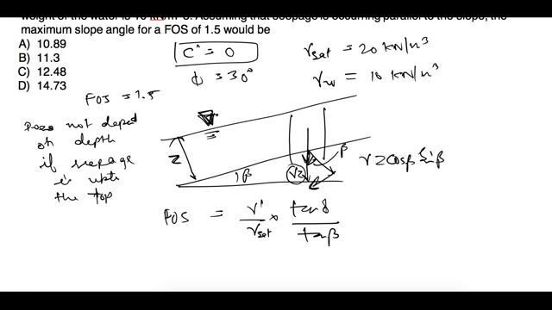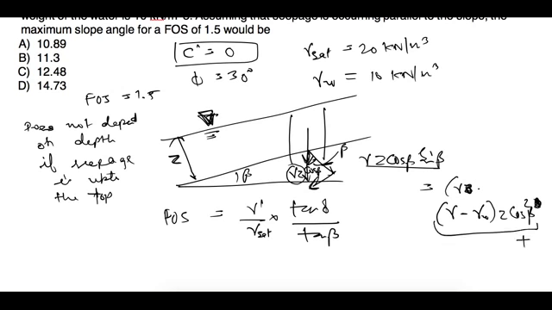You can equate it with the shear strength of the soil, that will be gamma minus gamma w, z cos beta, into cos beta, so cos square beta, into tan phi, since seepage is up to the top. If you equate these two, you can obtain this equation.